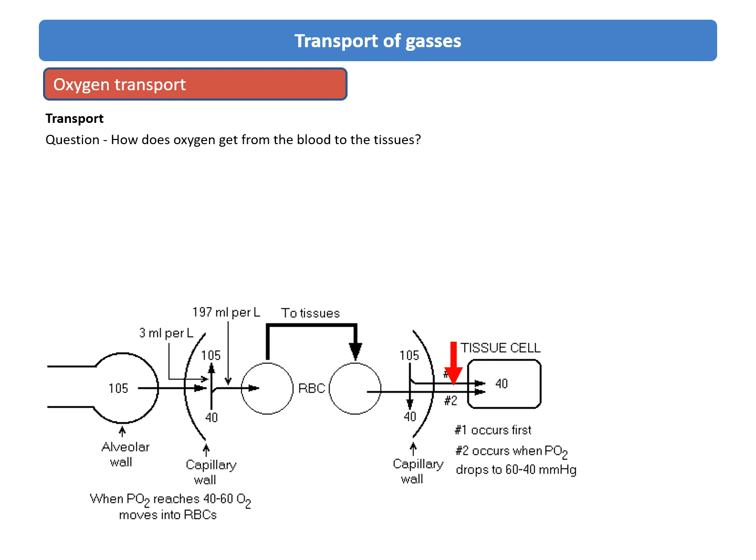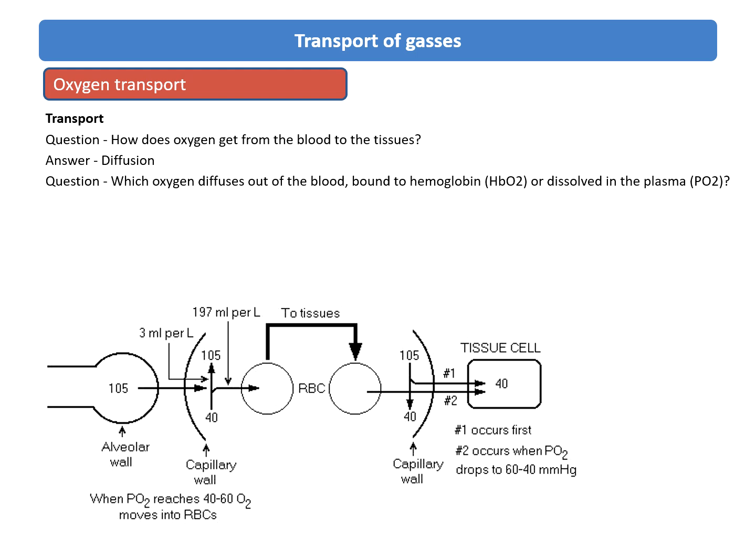Question: how does oxygen get from the blood to the tissues? By diffusion. Another question: which oxygen diffuses out of the blood, bound to hemoglobin or dissolved in the plasma? That is, which oxygen is it that's diffusing out of the blood?